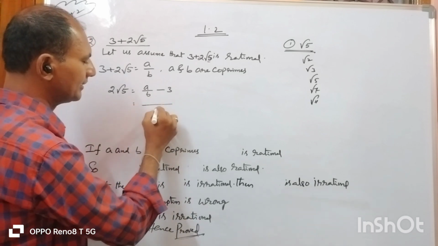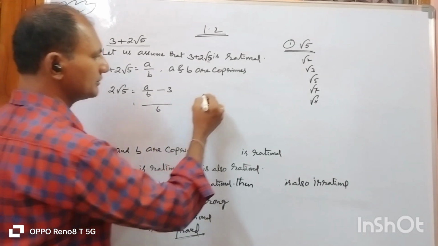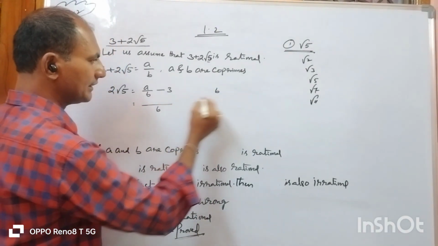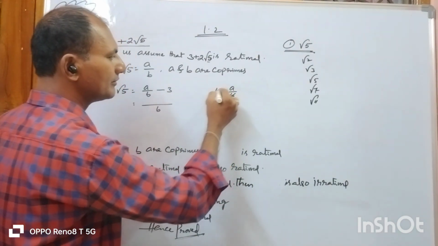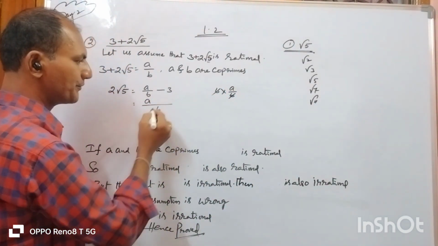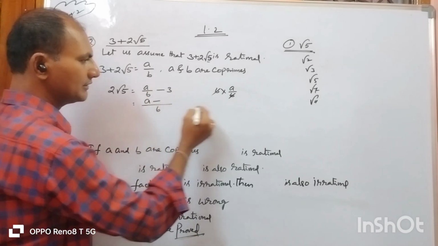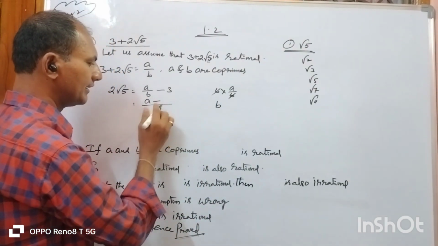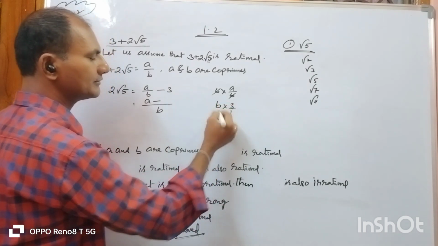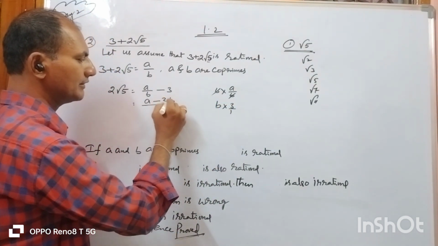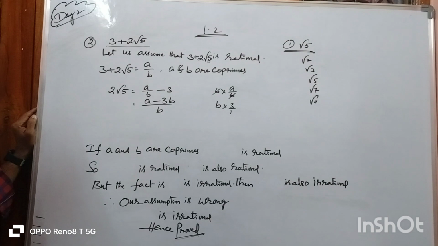What is the LCM? This is b. So b into a by b, b will get cancelled, this is a. Minus b into the second fraction 3 by 1, so 3 into b, that is 3b.